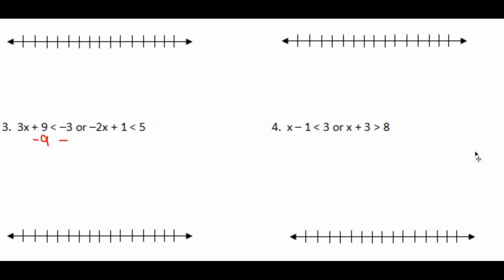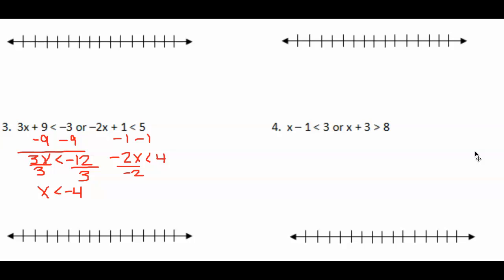Number 3. Subtract 9. Divide by 3. Over here, subtract 1. Divide by -2. And when you divide by a negative, your inequality changes direction.